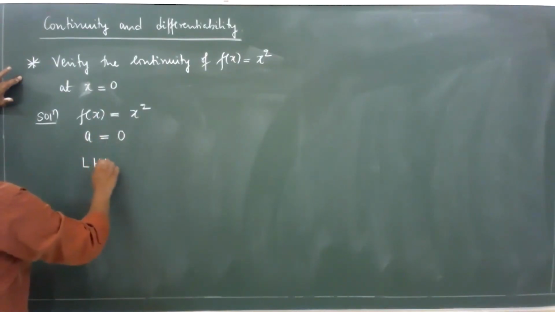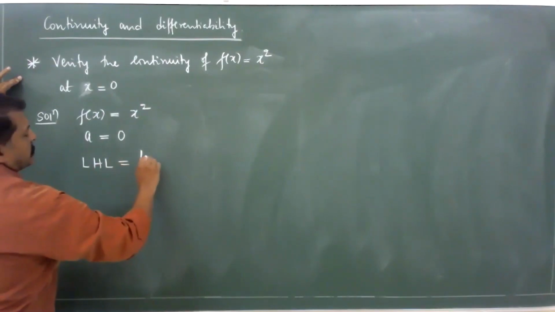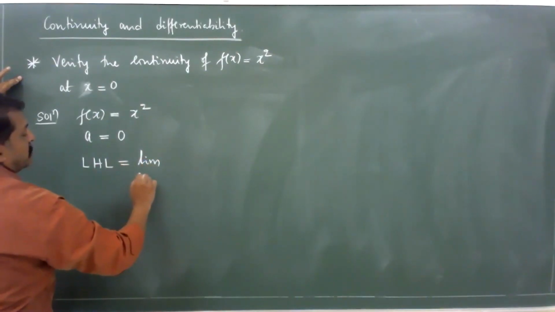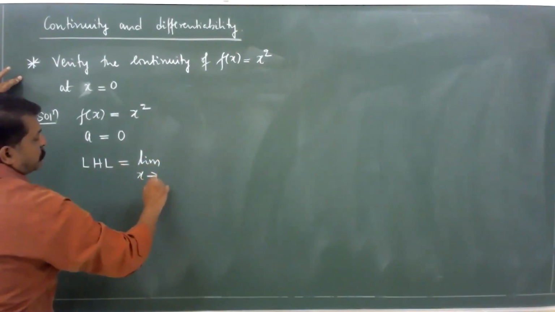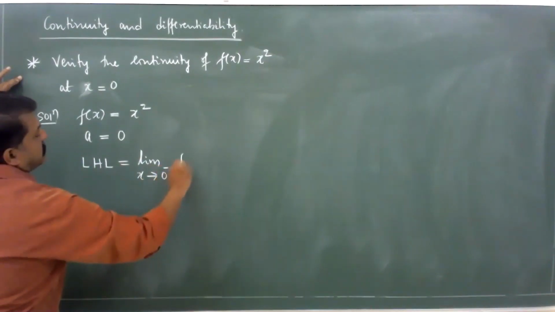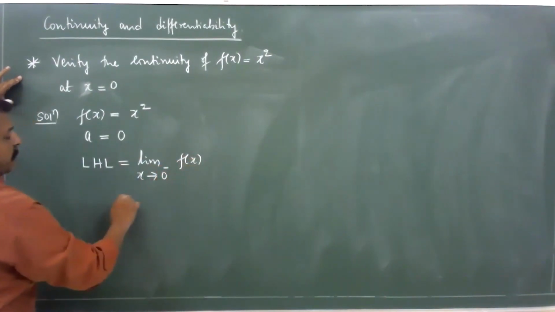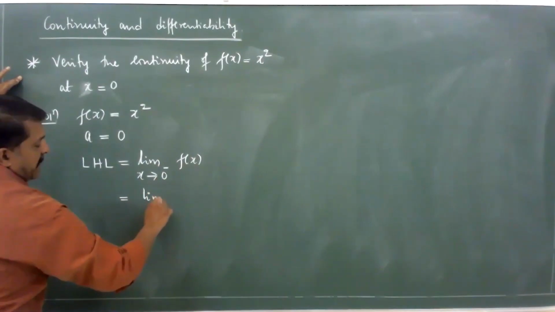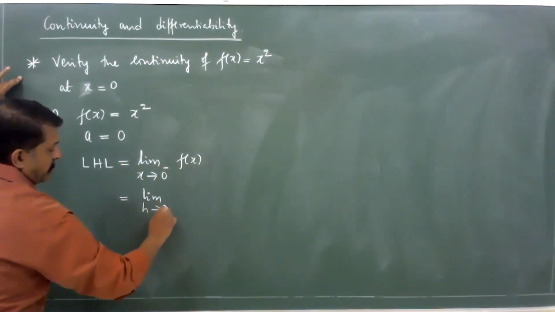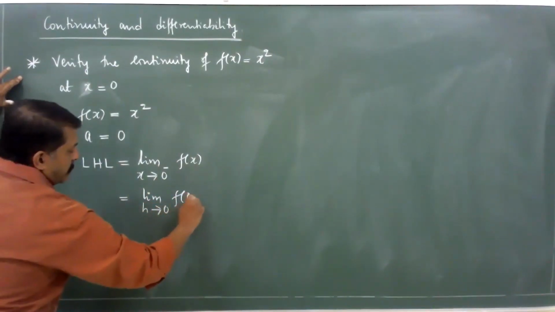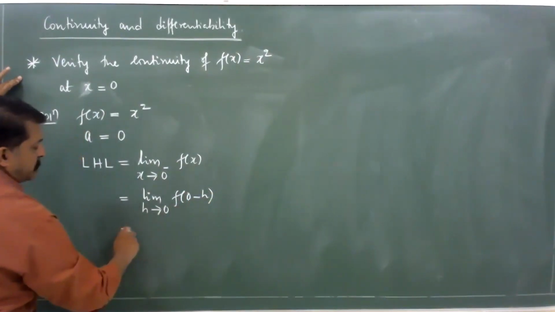We'll first calculate the left hand limit. What is left hand limit? Limit x tends to 0 minus f of x. This is the meaning of left hand limit. How to calculate it? Limit h tends to 0, f of 0 minus h.